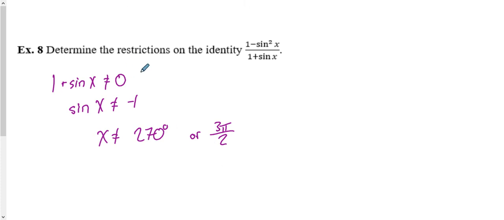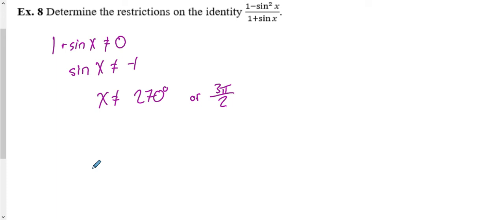So again, it says determine the restrictions on this identity. There weren't any domain restrictions, so let's just write down our restrictions in general so that we make sure that we hit everything. So really, we can say x cannot equal 270 degrees plus 360n. There we go, that's our first one.